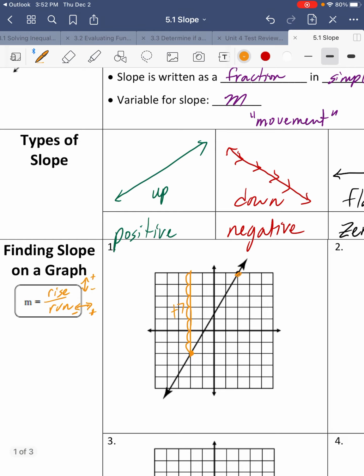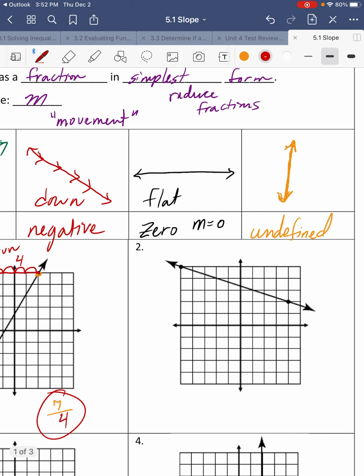So our numerator is 7 over, and how many to the right do we have to go to get to that point? You don't start counting until you actually move. 1, 2, 3, 4. So 7 over 4. This is running right 4, and this is rising up 7.